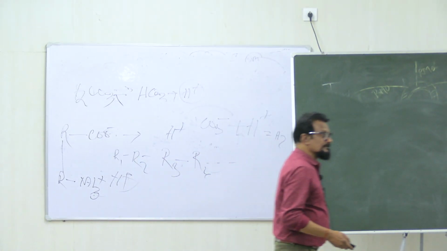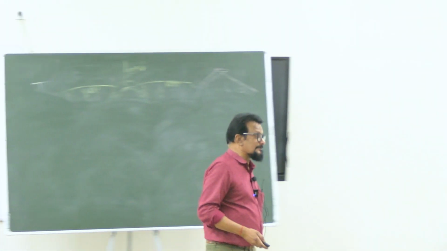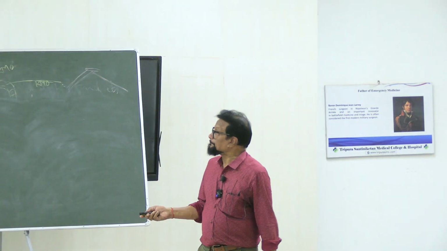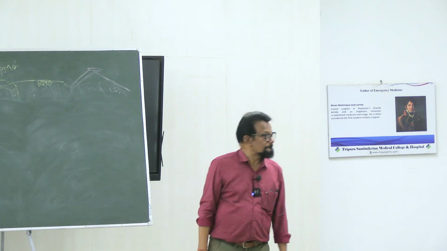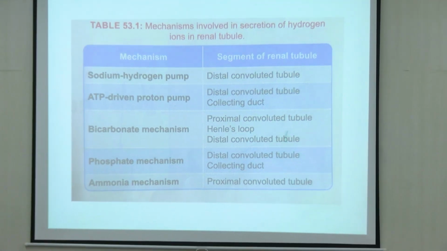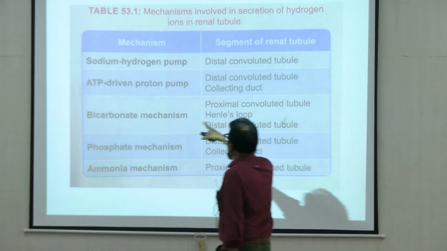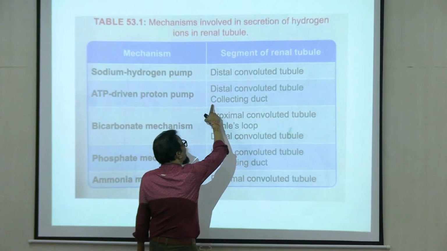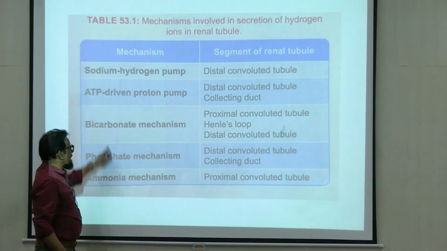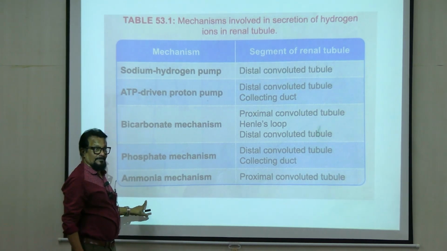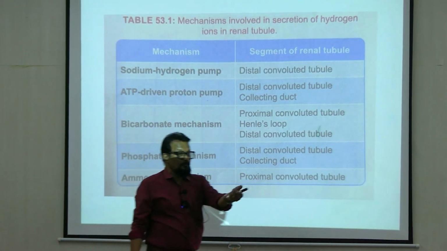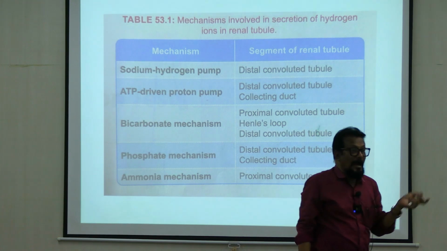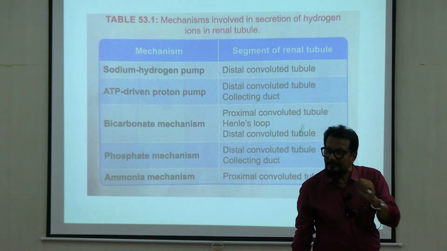These pumps, these channels, where? Sodium hydrogen antiport is present in the distal convoluted tubule, and the ATP driven proton pump is present in the DCT and collecting duct. And these are the three mechanisms of neutralizing hydrogen ions or absorbing bicarbonate ion.